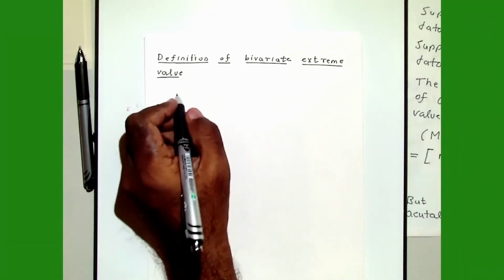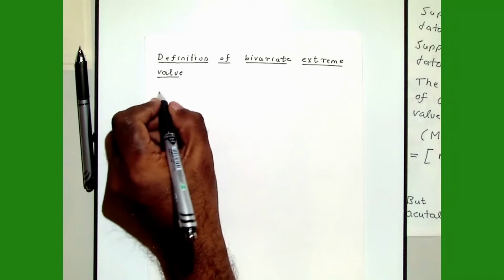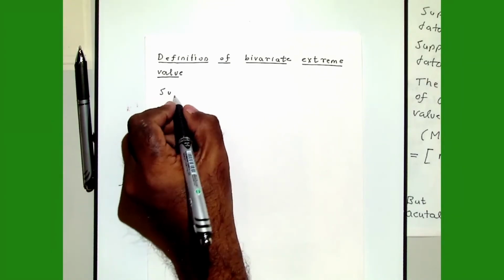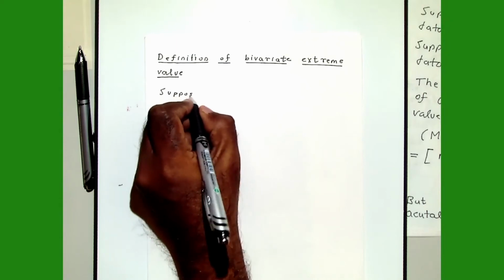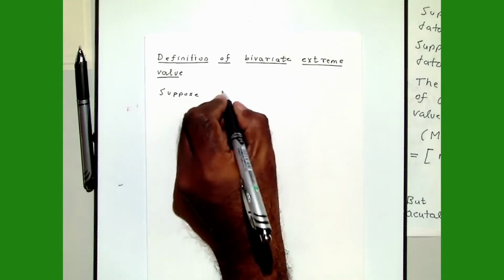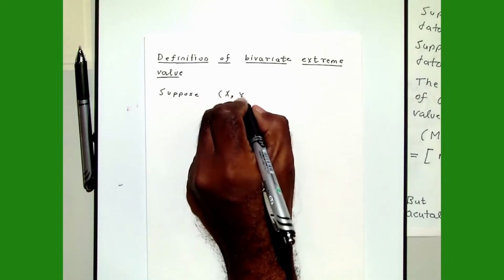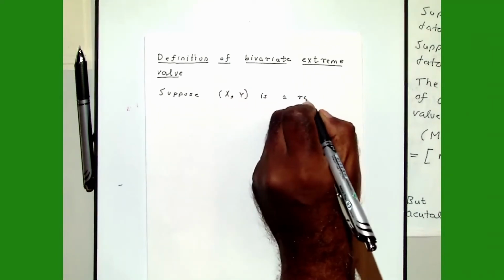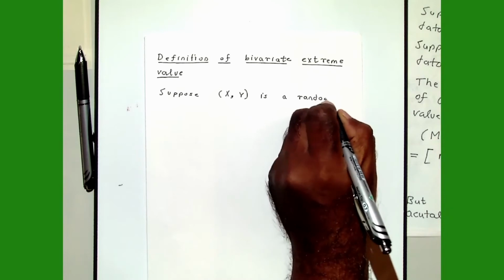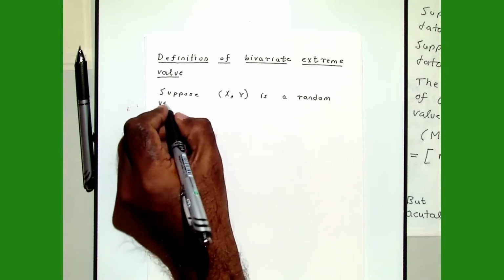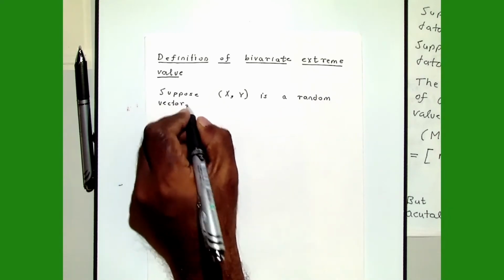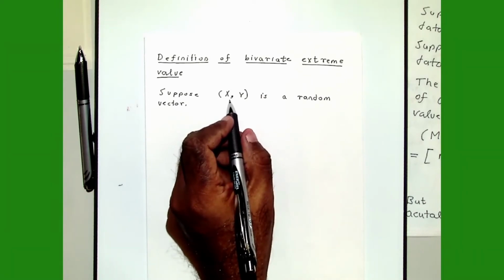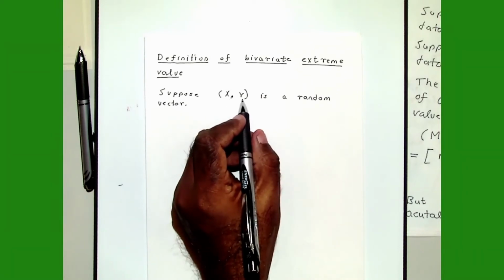Okay, suppose you have two variables. So in the previous video, X could be air temperature, or sea temperature, and Y could be wind speed.